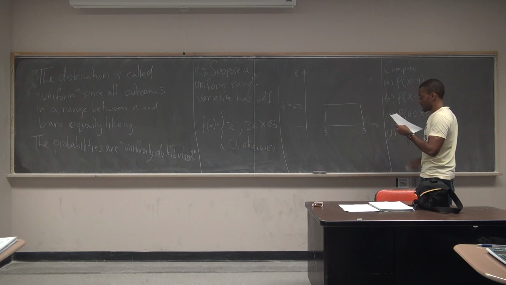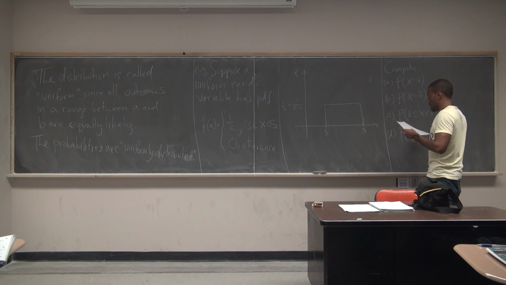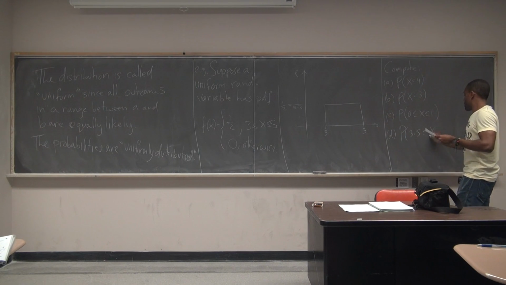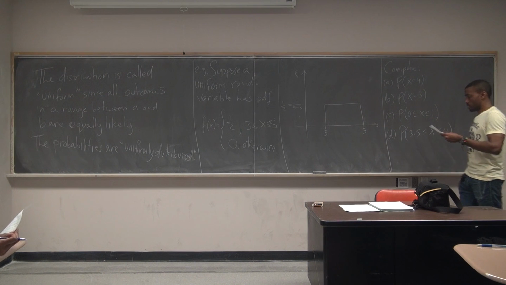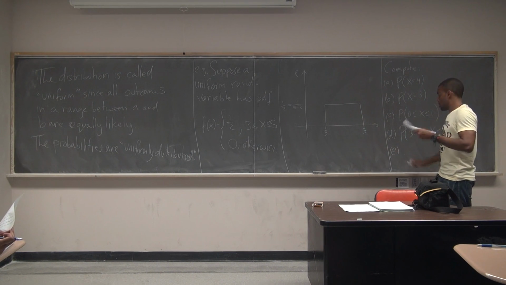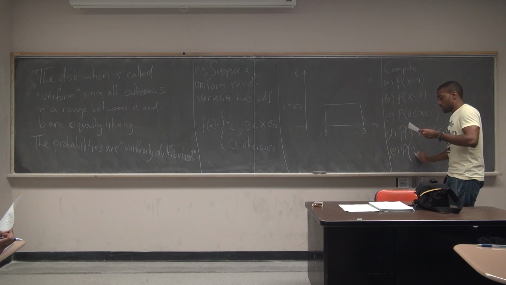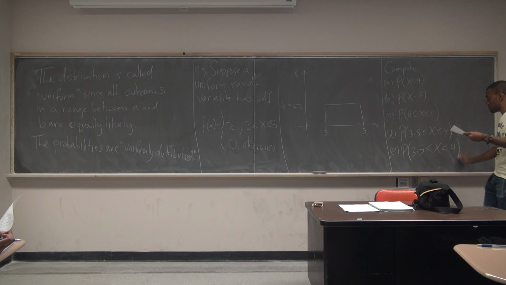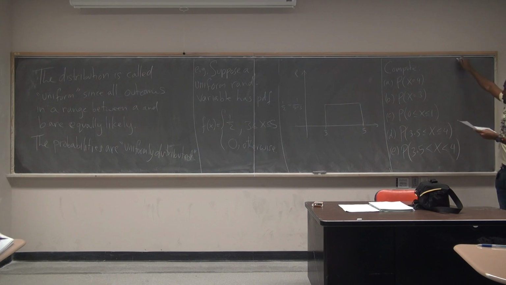D, the probability that x is between 3.5 and 4. E, the probability that x is strictly between 3.5 and 4. F, the probability that x is between 4 and 6.